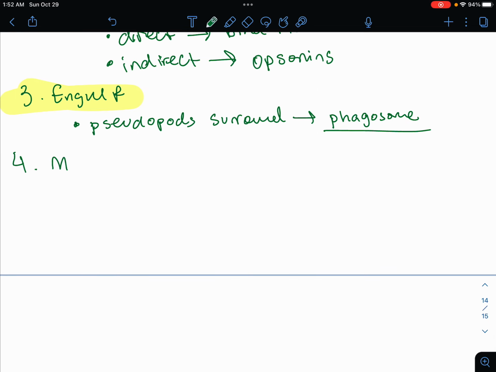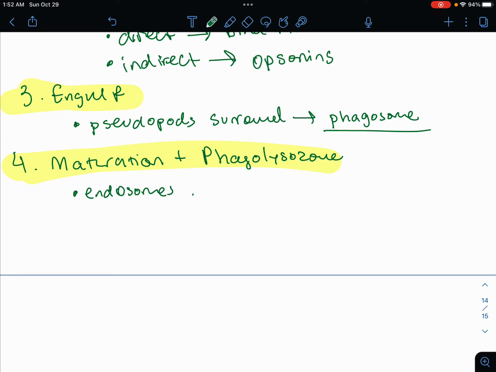Next, we have maturation and phagolysosome. In this step, this is where we're going to get the endosomes fusing and the pH is going to drop.